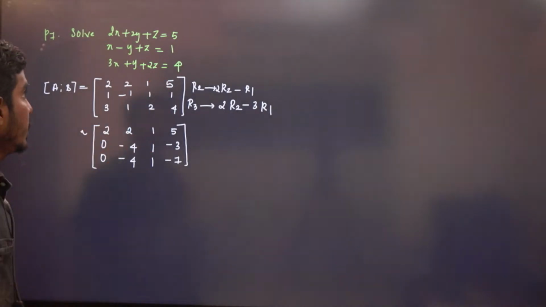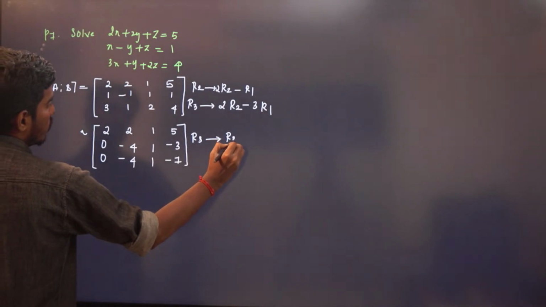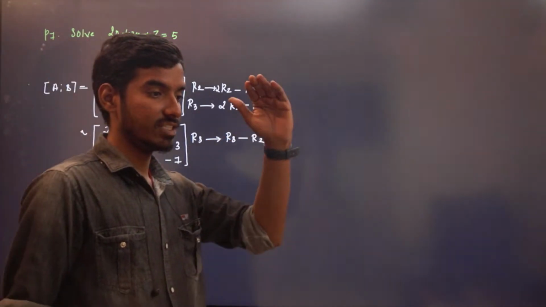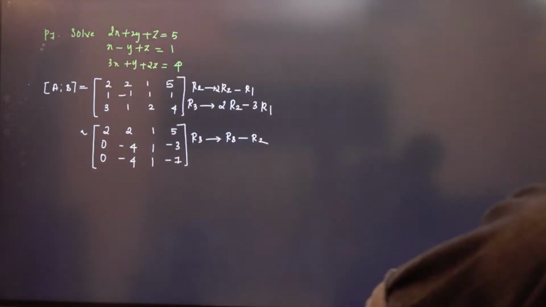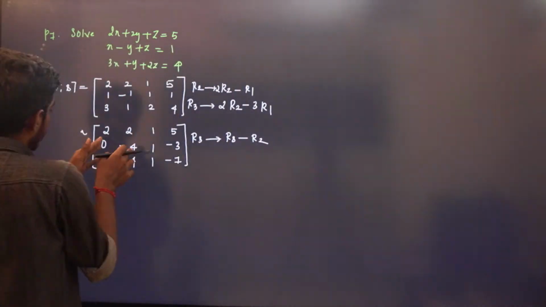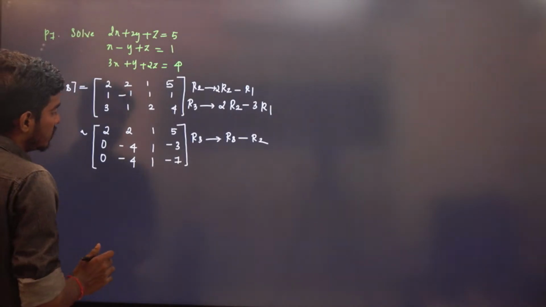Now R3 is transformed to R3 minus R2 because this is not in row echelon form, right? First row, first non-zero element, below that everything is 0. Second row, first non-zero element is minus 4. Below that everything has to be 0, but minus 4 is here, which is not 0.